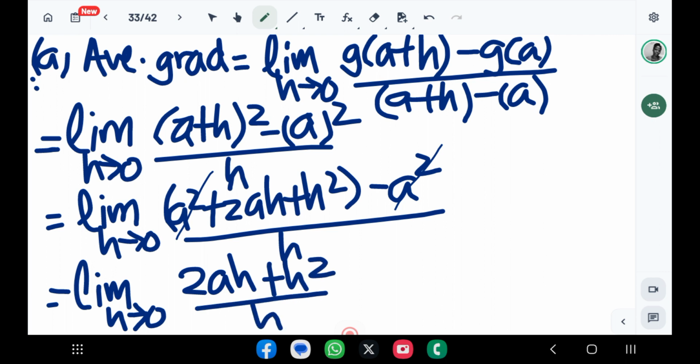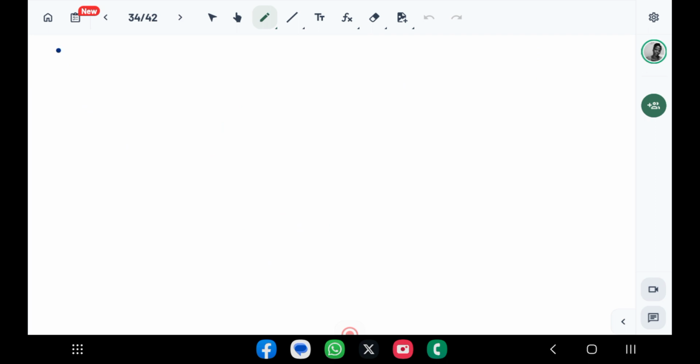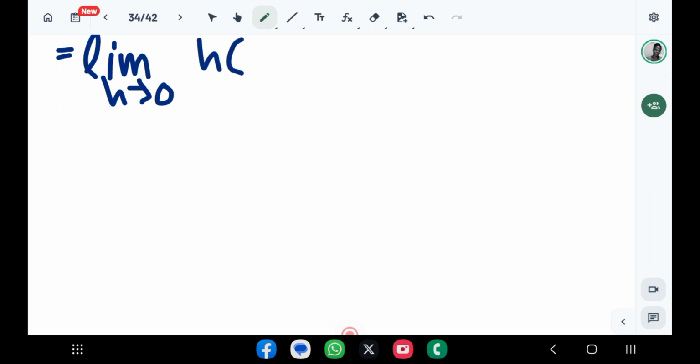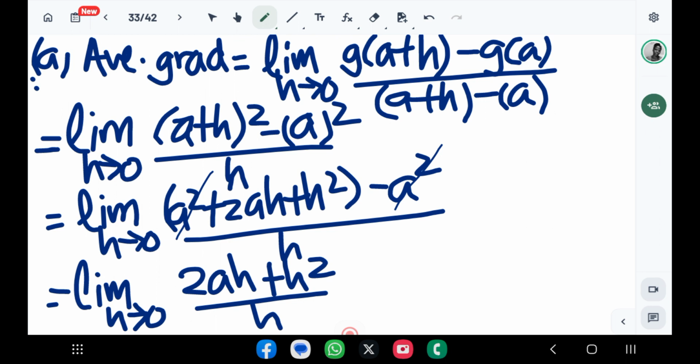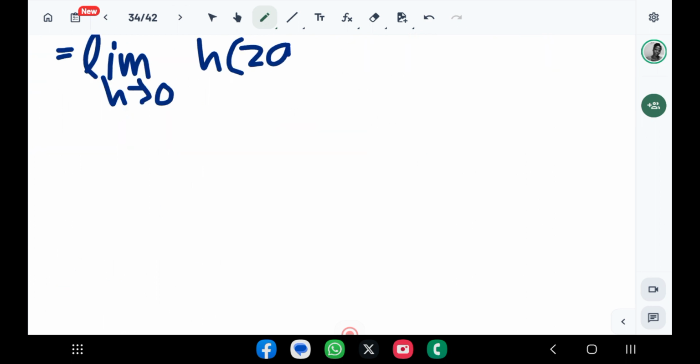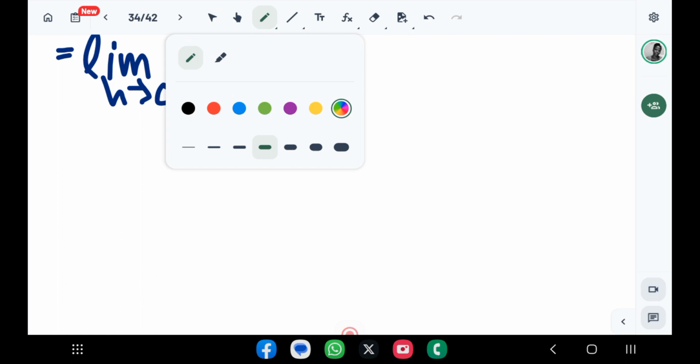Which when you factorize becomes the limit as h tends to 0 of, take h out, and you're left with 2a plus h, all over h.